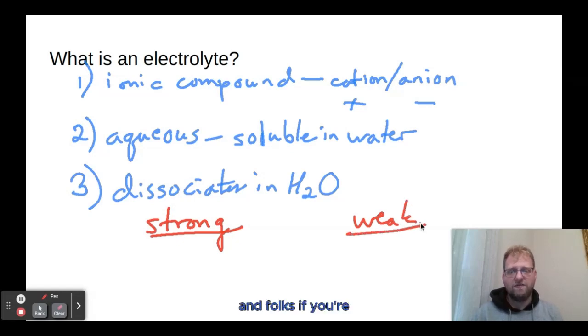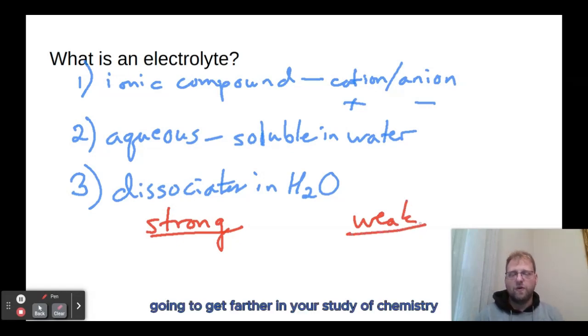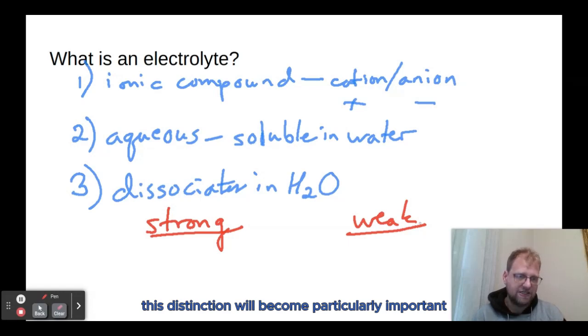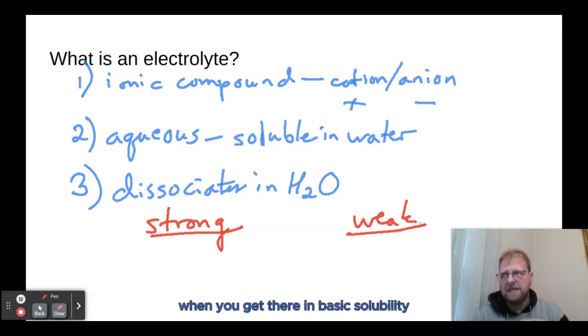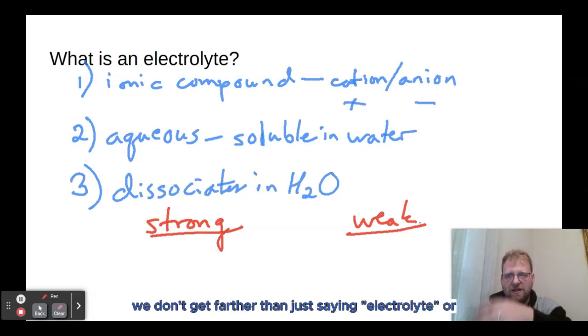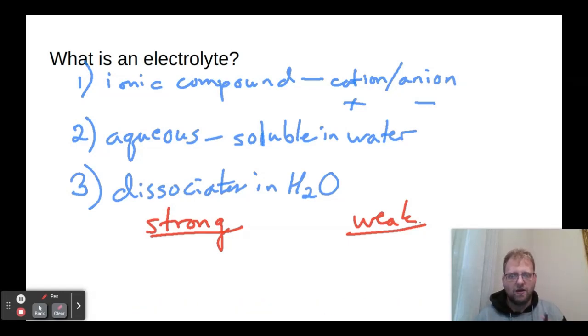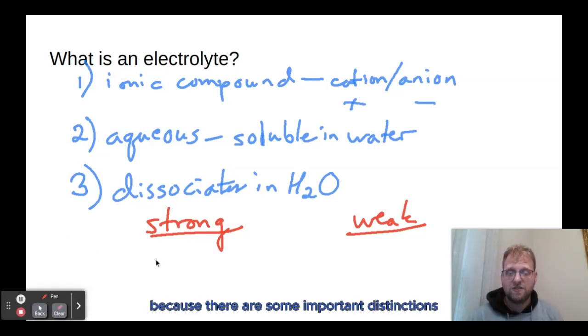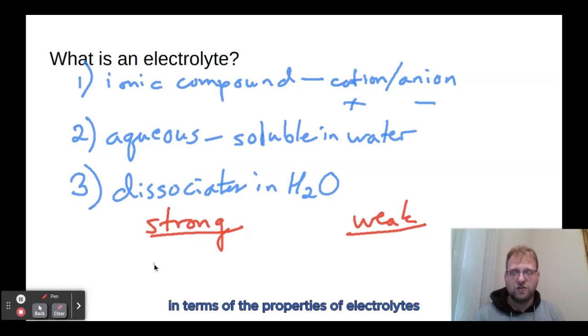And folks, if you're going to get farther in your study of chemistry and you get into acids and bases, there's a good possibility that this distinction will become particularly important when you get there. In basic solubility, a lot of times we don't get farther than just saying electrolyte, non-electrolyte. But we are going to get into what it means to be strong and weak now, because there are some important distinctions in terms of the properties of electrolytes and the differentiation between strong and weak as a result.